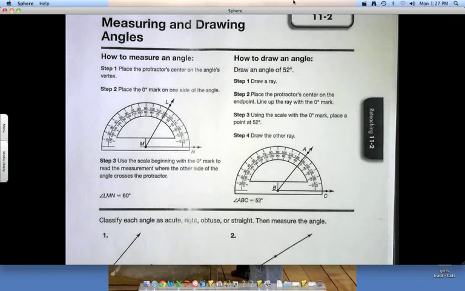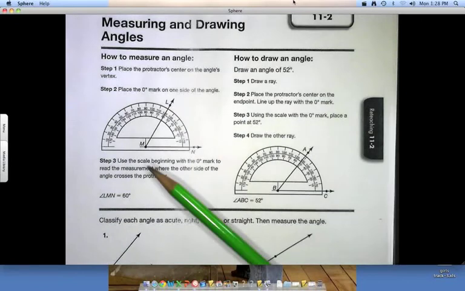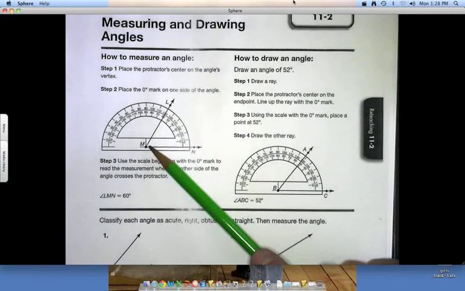So in order to measure an angle, as I mentioned, you need a protractor. Step one is to place the protractor's center on the angle's vertex. The angle's vertex is where both rays meet, so it's the shared endpoint of the rays. In this particular example, you can see that M is the shared endpoint, so M is the vertex of that angle.